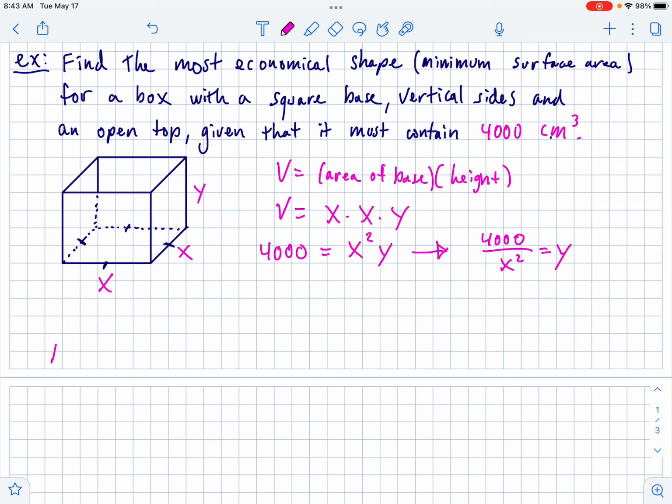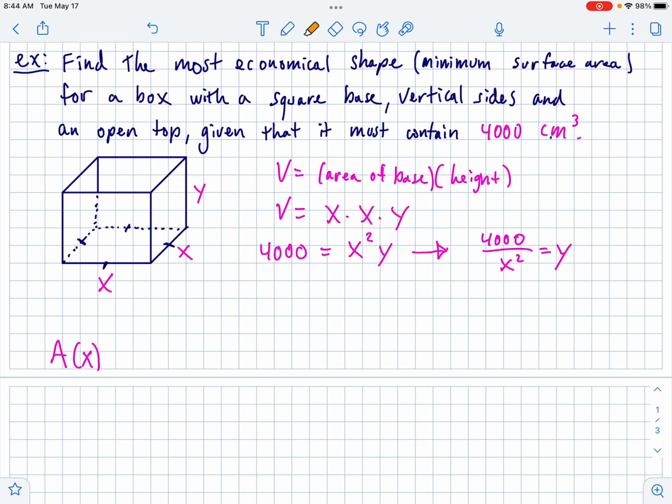Now for the surface area of this box, which we're going to call A of x. It's this side, which is x times y, but then there's 4 of those. There's one on that side, another one on this side, that's also x times y.